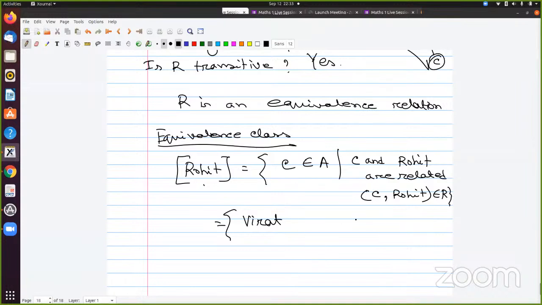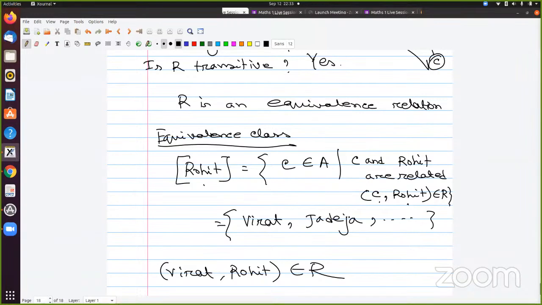Virat will be inside this class because (Virat, Rohit) is inside R. This is one pair of R. Can you give me any other name? Jadeja. Can Jadeja be inside this set? Yes, sir. So I am taking the class of Rohit Sharma and considering this set. So this is the equivalence class of Rohit Sharma.